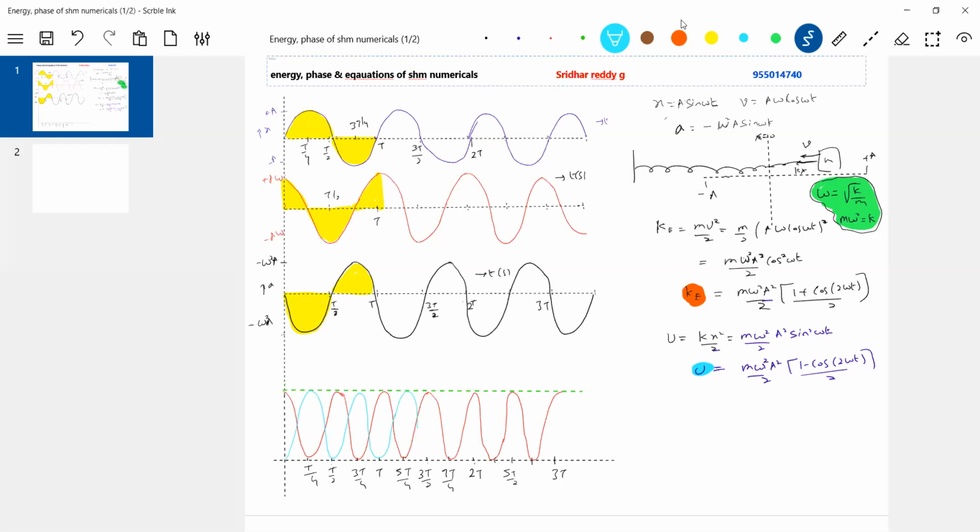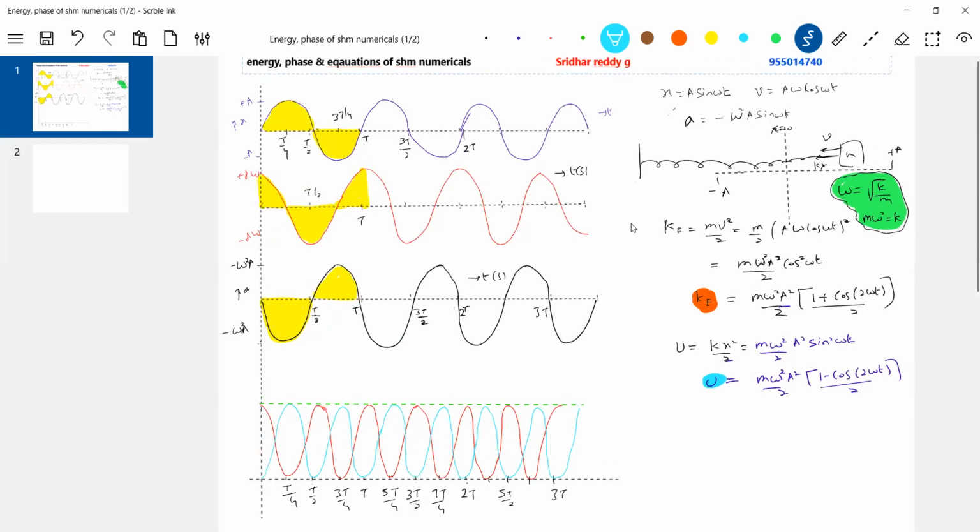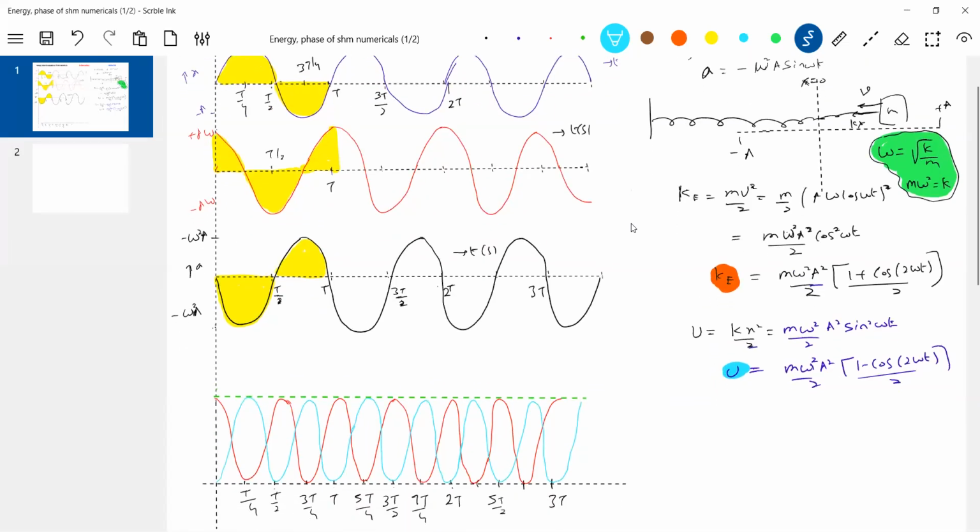I'm showing the rough plot. Okay, I think I can expand it.